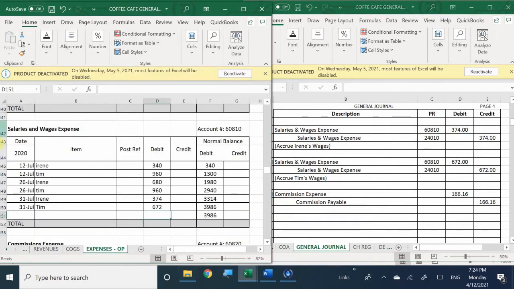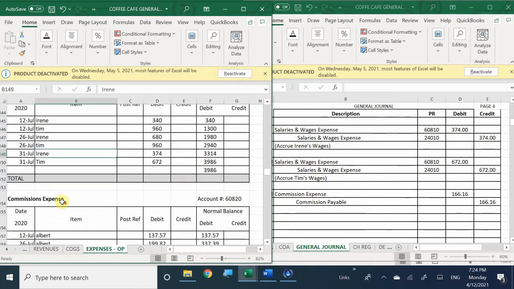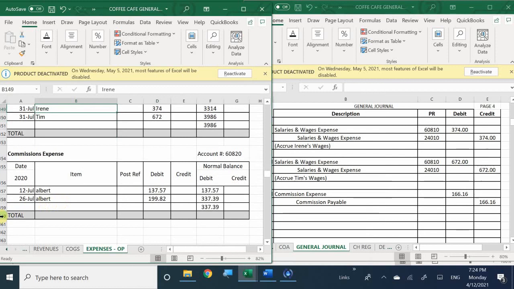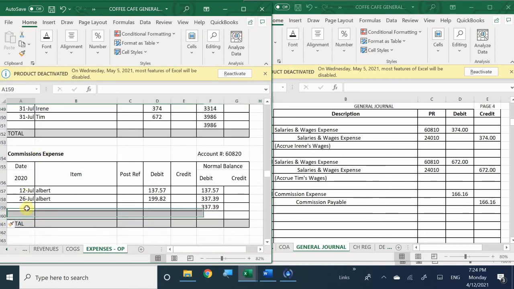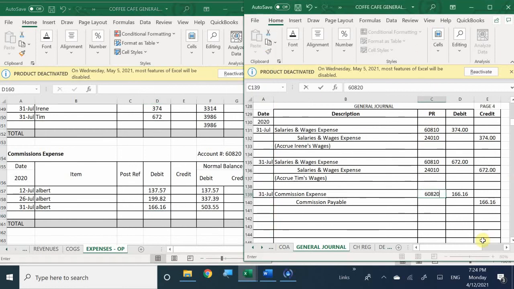Scroll down to commissions expense for Albert. That is going to be an additional $166.16, which should bring our account balance to $503.55. And this account number is 6820.